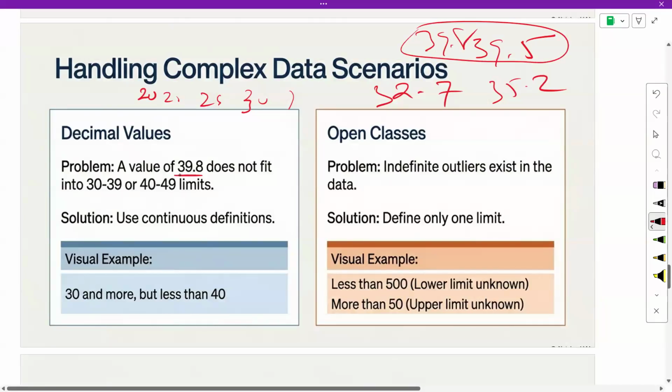A value of 39.8 does not fit into 30 to 39 or 40 to 49, because there is a gap. So we use the continuous definition. We have to read this class as 30 and more, the value could be 30, 30 and more, but less than 40.